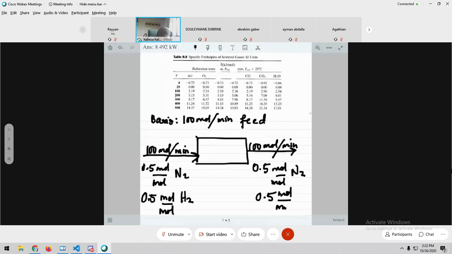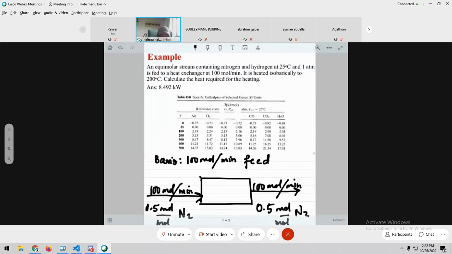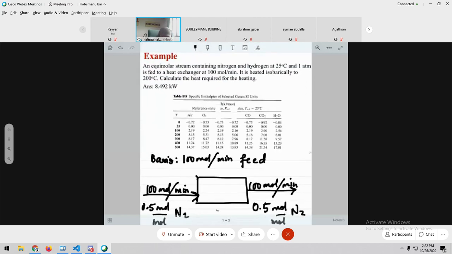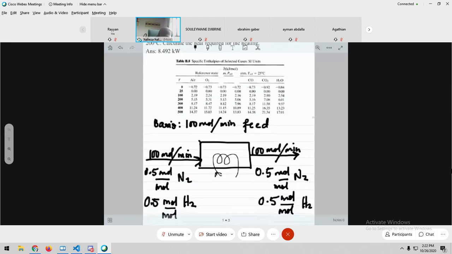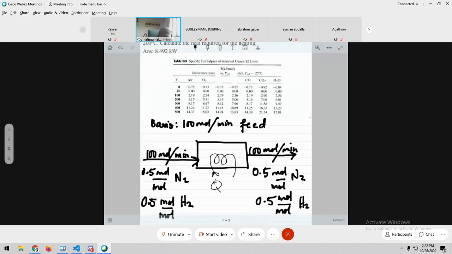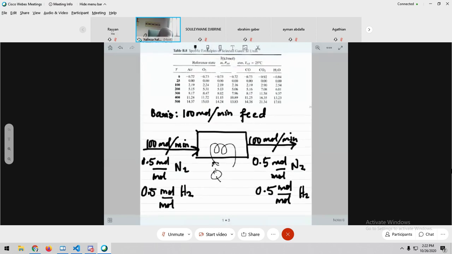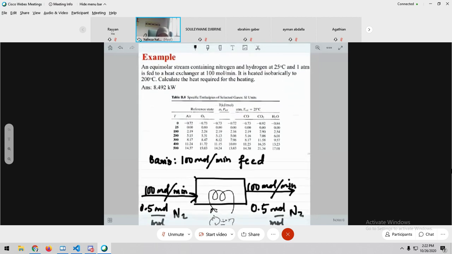Right, so that's hydrogen. Okay, this equipment is a heat exchanger, so you are heating up the mixture from a temperature of 25 degrees C to 200 degrees C. So what's the amount of heat that you need to put in for this heating process?